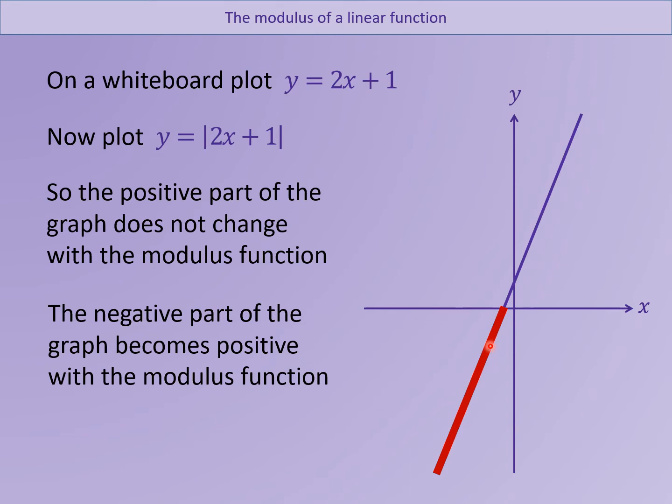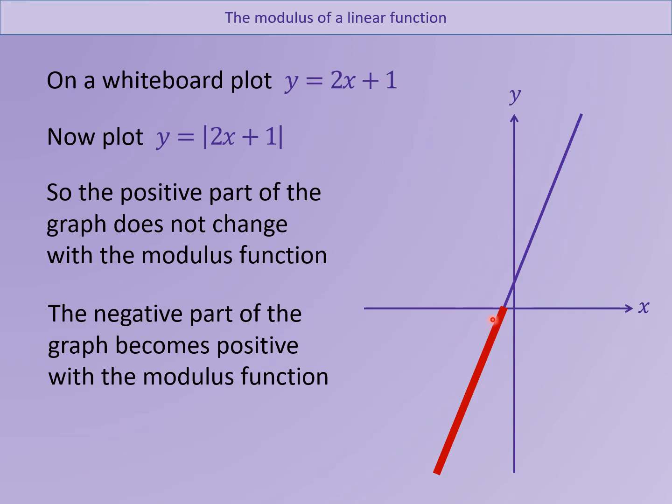So this number here came out, let's say, as -1, but what the modulus function does is it takes that -1 and it changes it to 1. What about here? This came out as -5. Well, when you take the modulus of -5, what's the magnitude of -5? It becomes 5, so it's going to be up here.